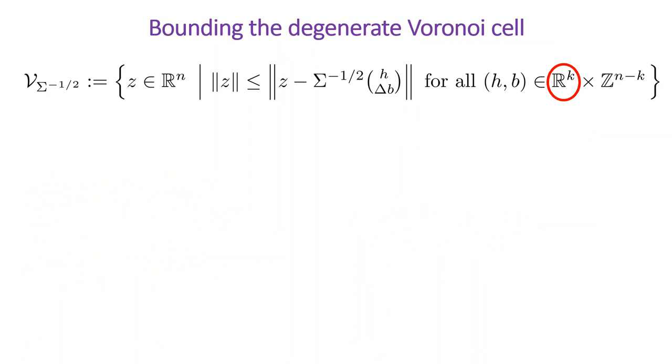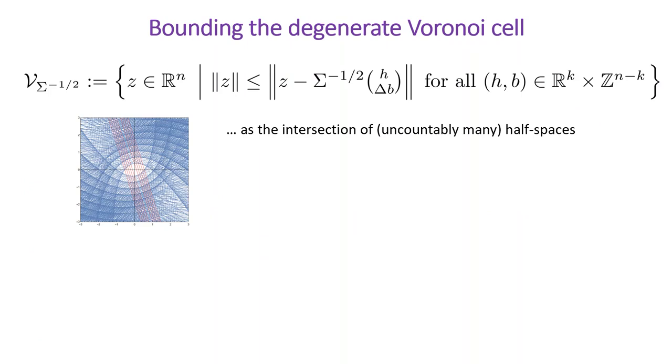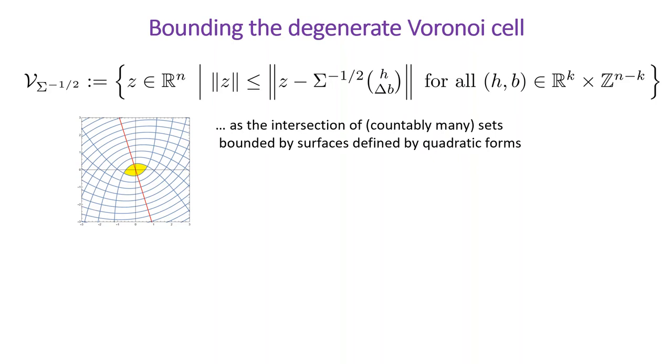We can interpret this set in different ways. For example, we can say that it is the intersection of uncountably many half spaces. Alternatively, we can say that it is the intersection of countably many sets which are bounded by quadratic surfaces. What is important for our proof is that we can give an outer bound on this set in terms of a polytope of dimension n-k.